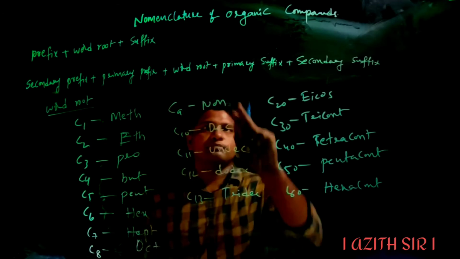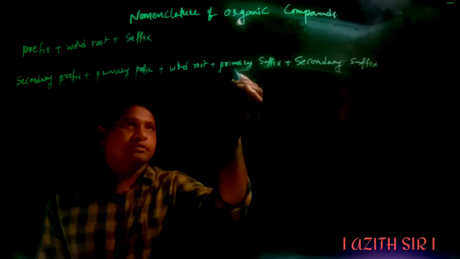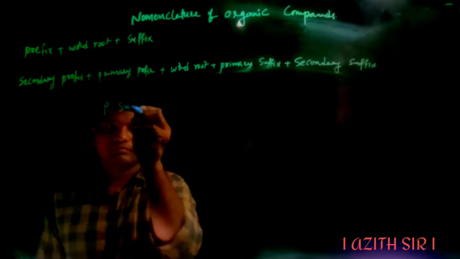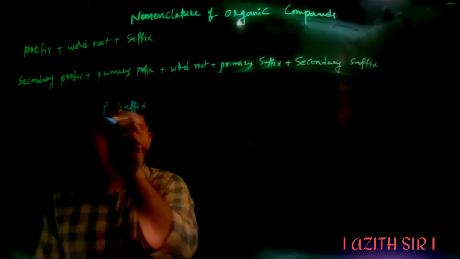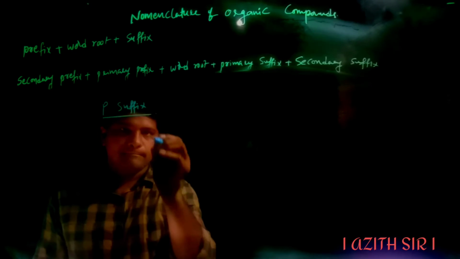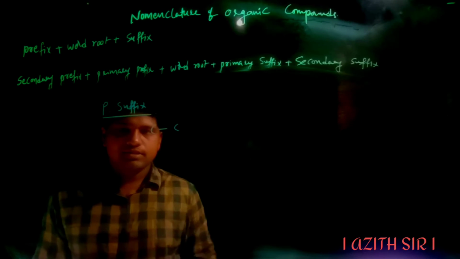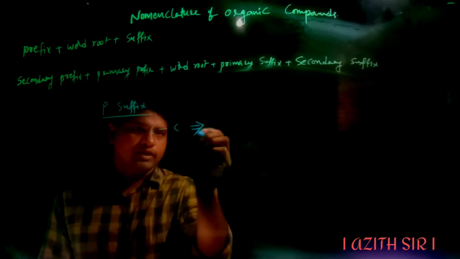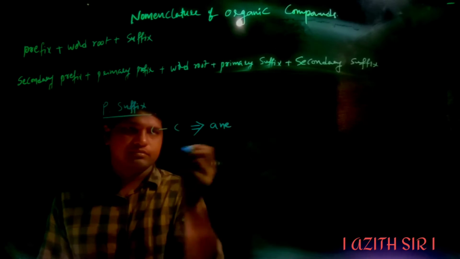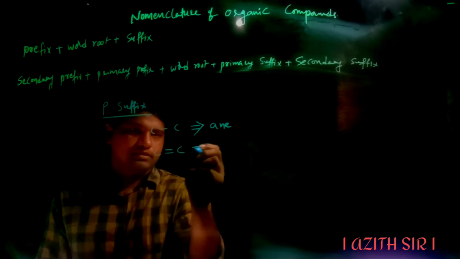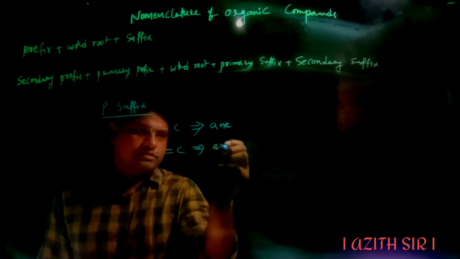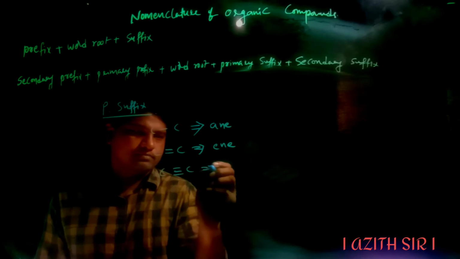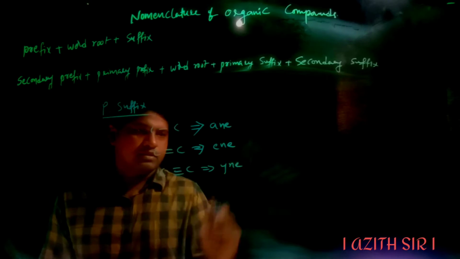And next one, primary suffix. In this one, if C single bond C is present, we call it an. C double bond C, it is ene. C triple bond C, it is yne.